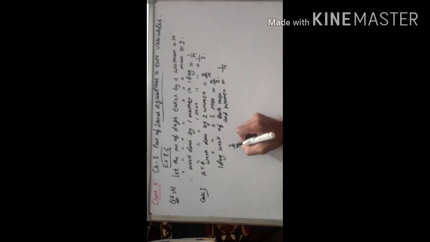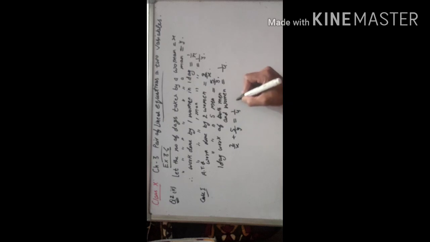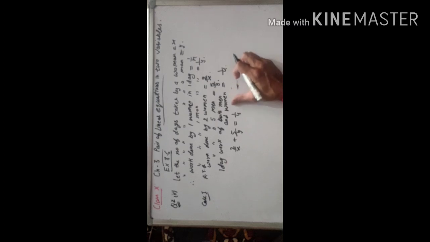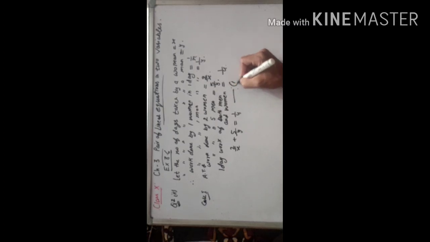So 2 by x plus 5 by y is equal to 1 by 4. This is our first equation.